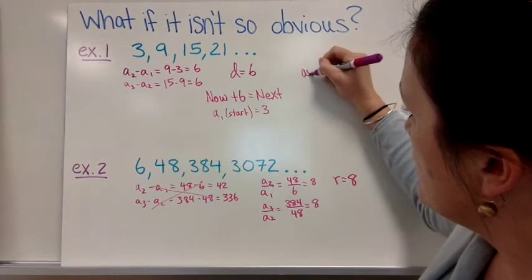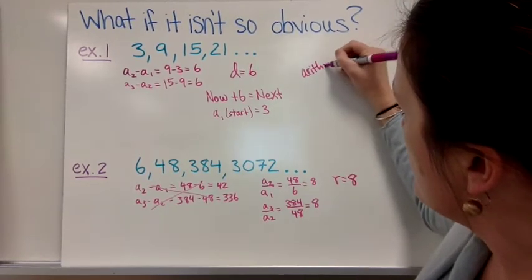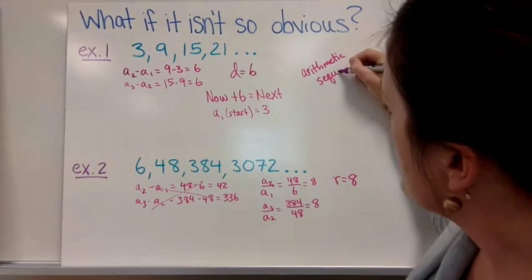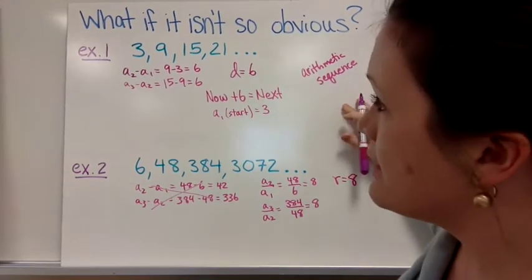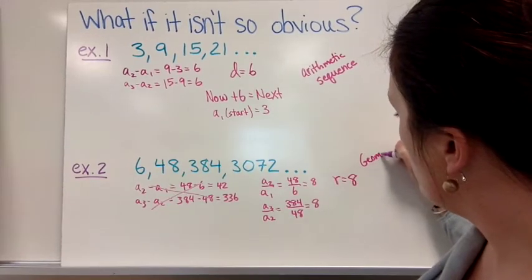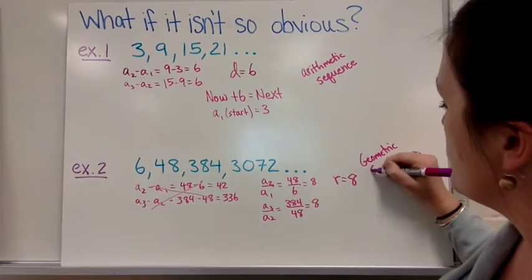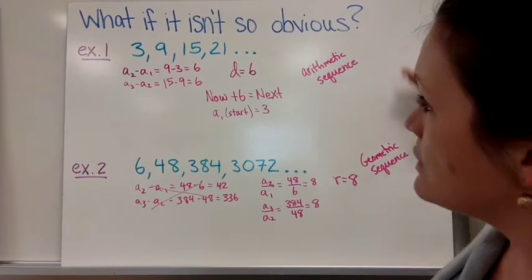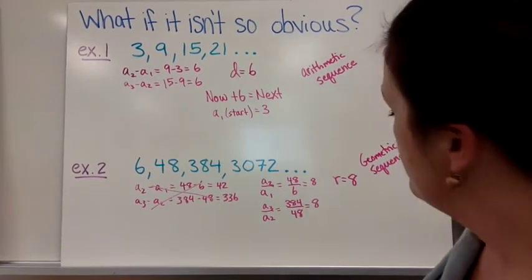So let's write in our notes. This one was arithmetic. So it'll stand out nicely when you're looking back at your notes. It's a good example of an arithmetic sequence, and this one ended up as a good example of a geometric sequence because it's increasing by multiplying, where this one was increasing by adding.